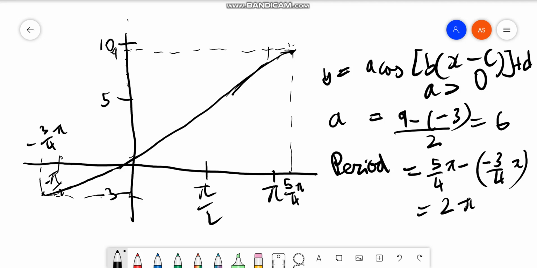So this is only half, just half of one period. So half period is 2 pi. So the full period is 4 pi.